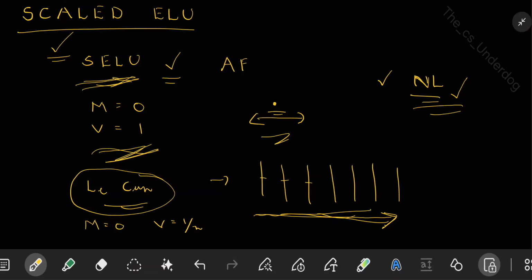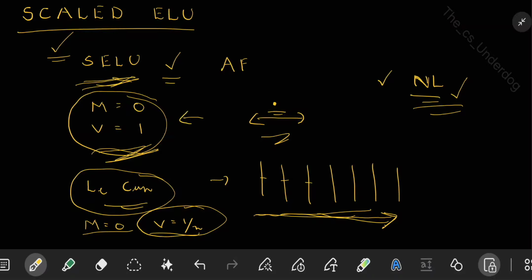So what does it mean when I say mean 0 and variance 1 by n? One more thing, we want variance of data to be 1. Then why am I using variance 1 by n in case of LeCun? The reason is, here we are talking about data. Whenever I say that you want to normalize, you're talking about normalizing data. You want your data to have mean 0 and variance 1.